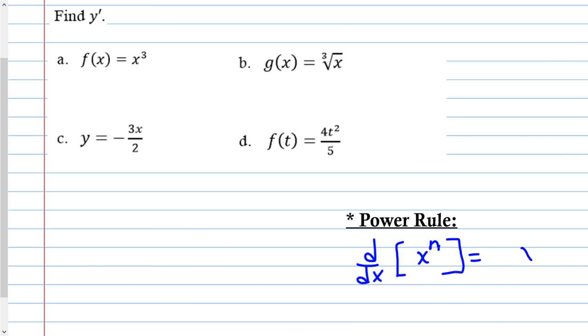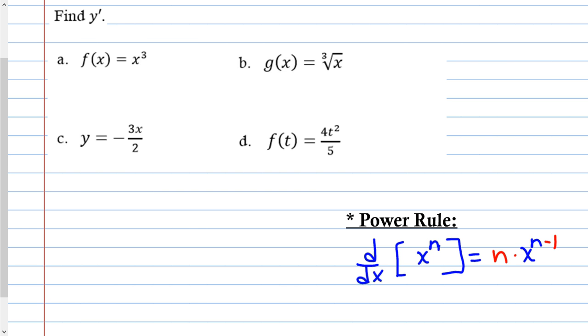And then the rule is as follows. So you have x to the n. What you're going to do is multiply the function by your exponent. Whatever that number is, you're going to use that to multiply the whole function. And then your exponent is going to decrease by 1. So you're going to subtract 1 from the exponent. So this is the rule. All right, so let's put the rule to use.